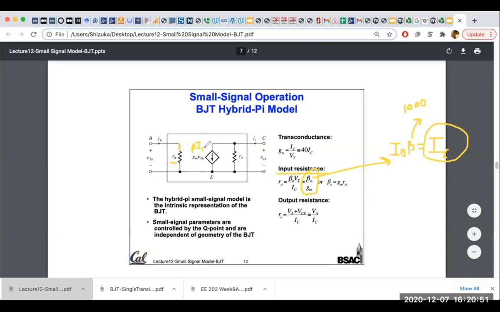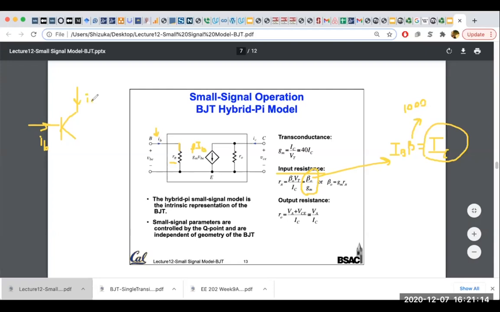Same logic. So beta IB means you have an IB current, small signal. So you are multiplying it with beta, right? When you multiply it with beta, you have the small signal IC here.